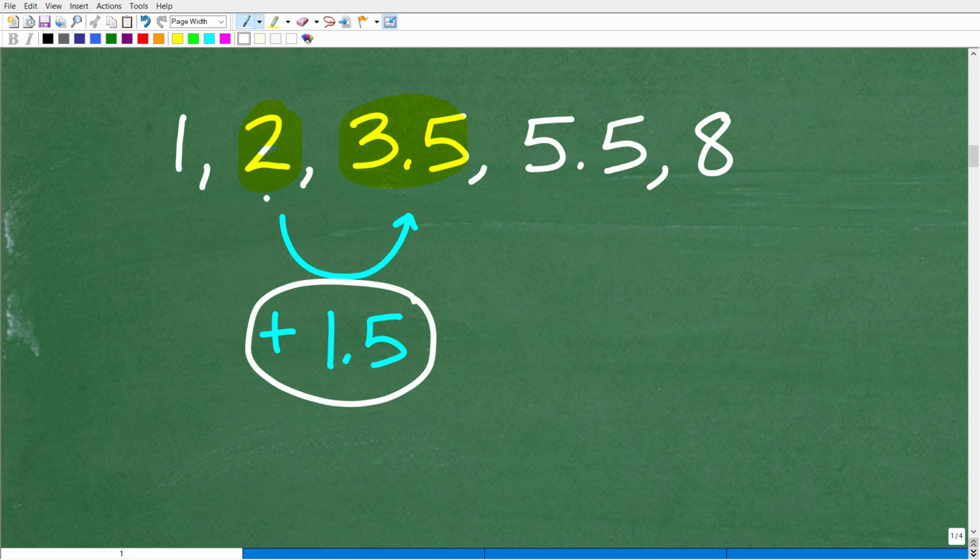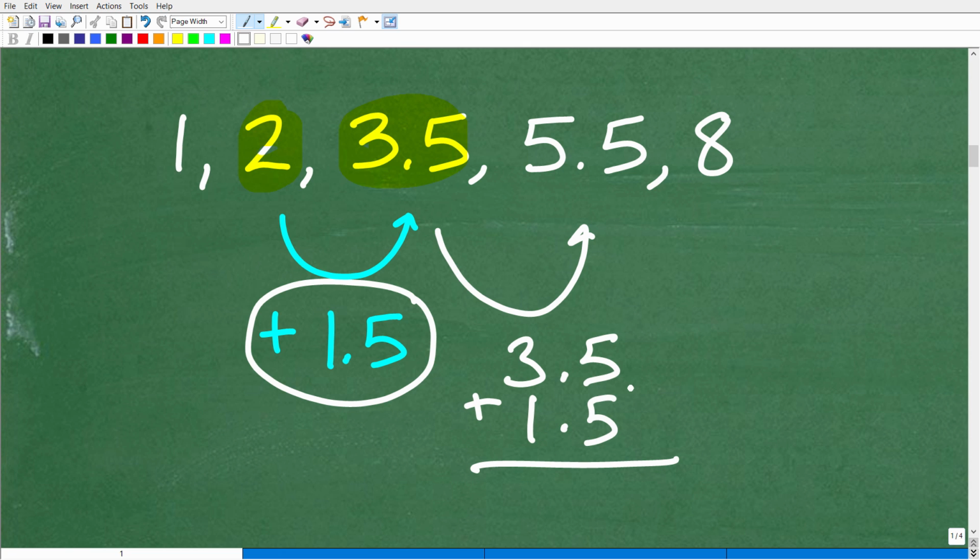Well, if that is the case, let's go ahead and test this. So if we take this 3.5, I'm going to write this a little bit better, 3.5, and then we add 1.5. Do we get to 5.5? Well, no, we get to 5 or 5.0. So that is not right as well.